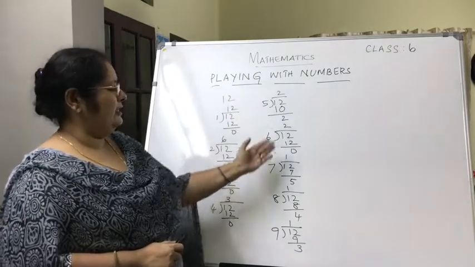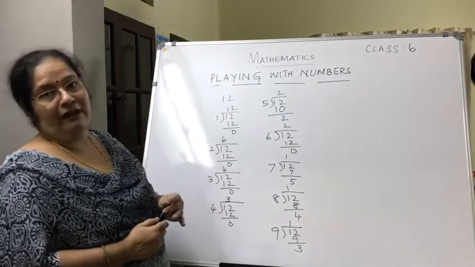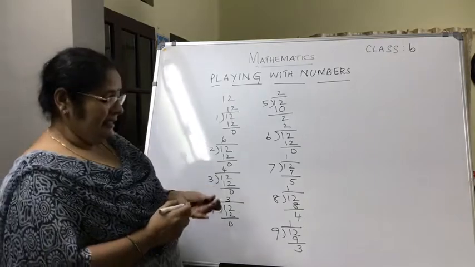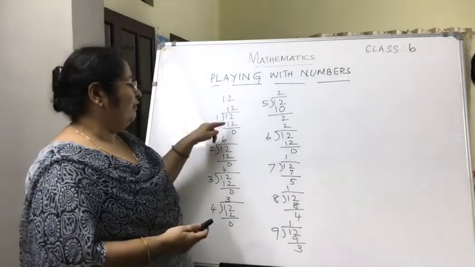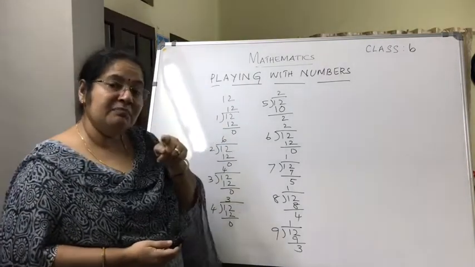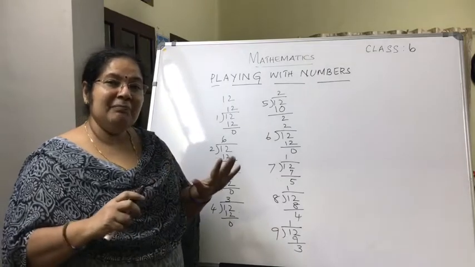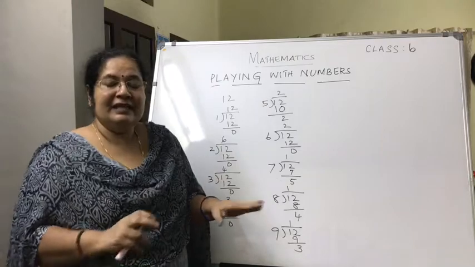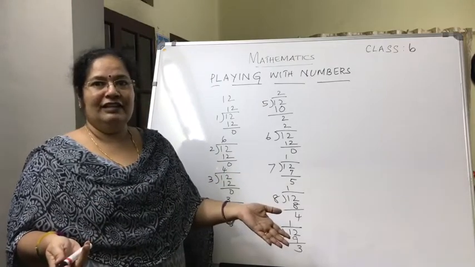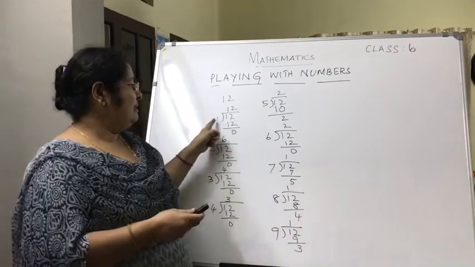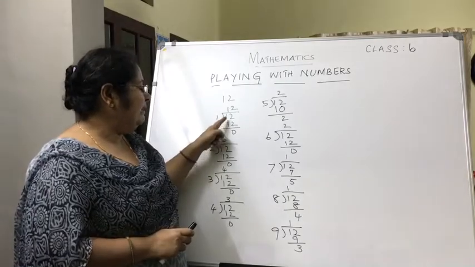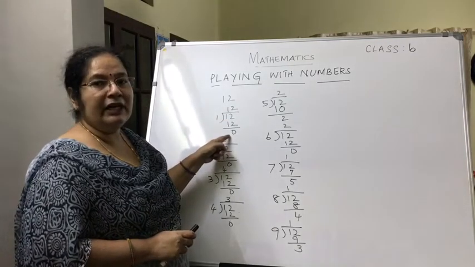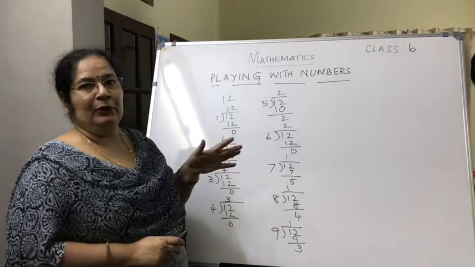So let us see which are the factors of 12. If you get the remainder 0, what does it mean? The number is being completely divided. There is nothing left over. So this number completely divides that number, which is why you are getting a remainder 0.